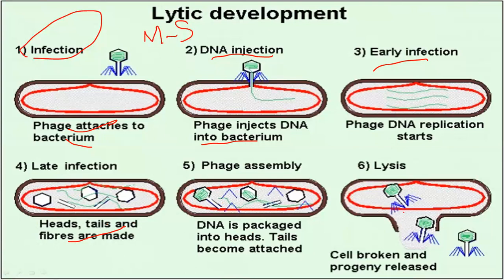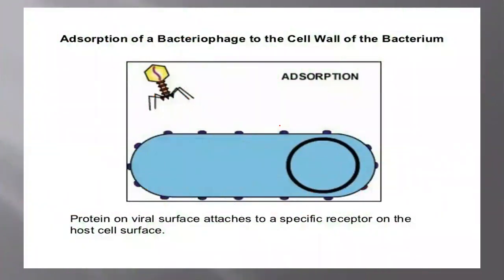After that, when lots of viruses are produced, the cell is broken down and the progeny of virus is released. Because the bacterial cell dies, that is called the lytic cycle, and that is virulent also.